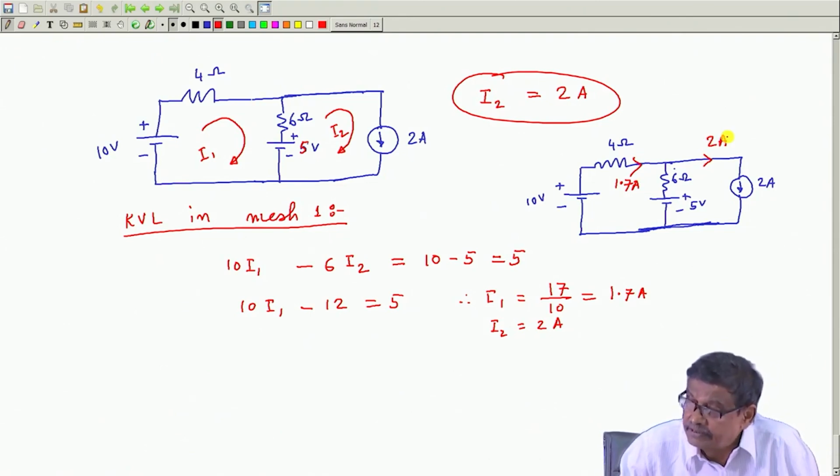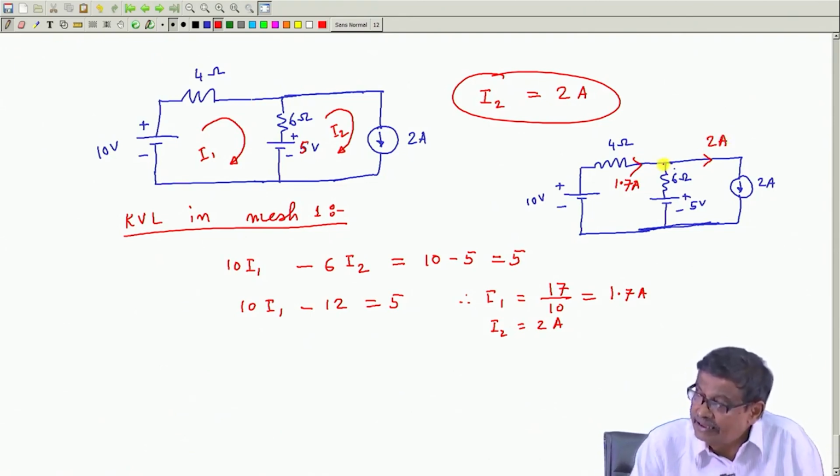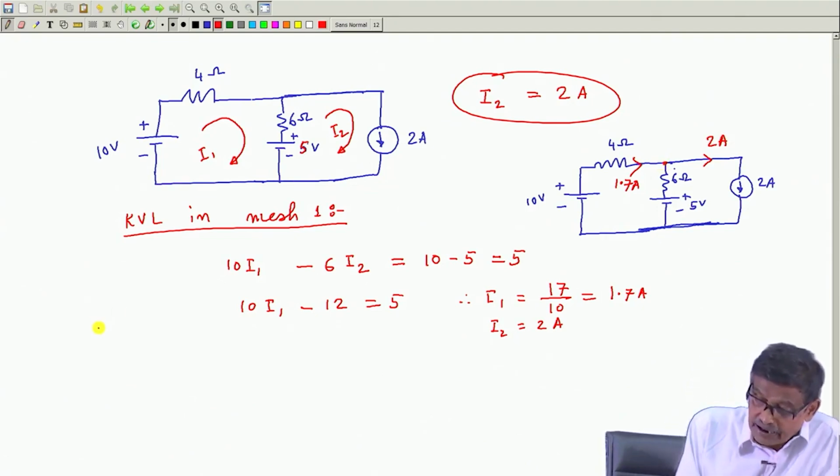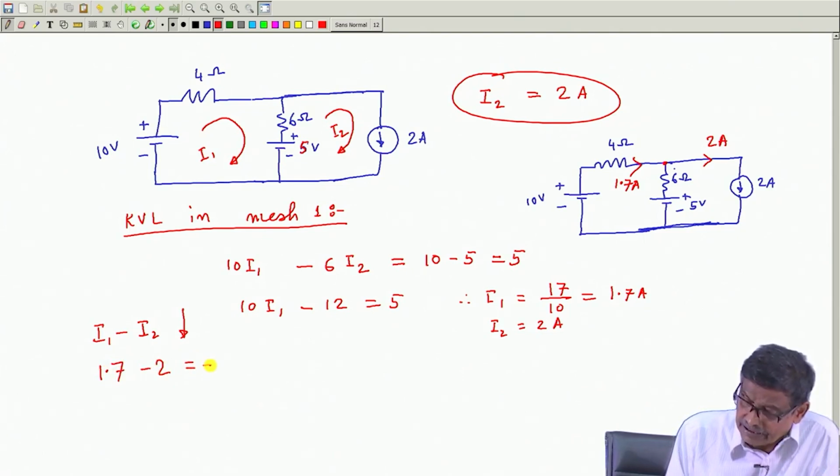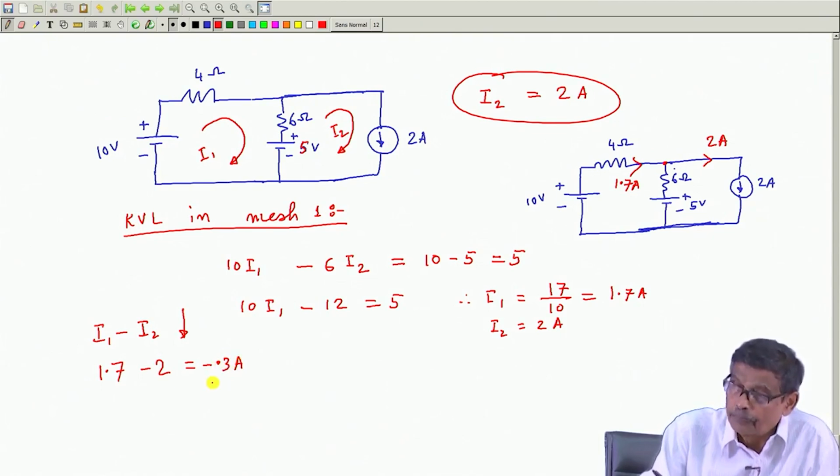Now, apply KCL here. This branch current will be how much? I 1 minus I 2 if you write from top to bottom. What is I 1? I 1 is 1.7 minus 2 ampere. So, this will become minus 0.3 ampere, is it? 0.3 ampere from top to bottom.